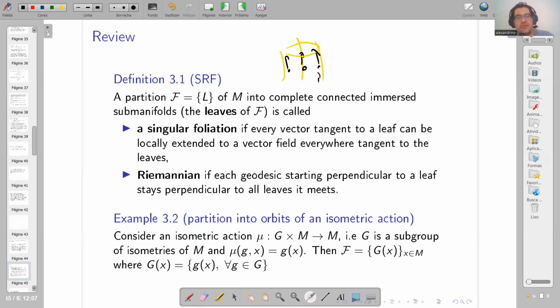And it is called Riemannian if we start with a horizontal geodesic to a leaf, then it remains orthogonal.